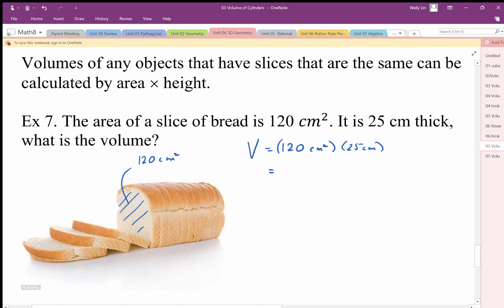And working that out, 120 times 25 gives us 3,000, and that's going to give us cubes. And again, notice that the units, centimeters squared times centimeters, gives us centimeters cubed.